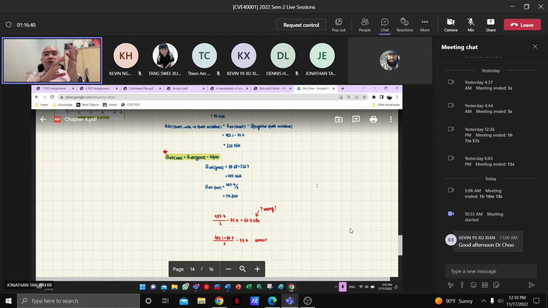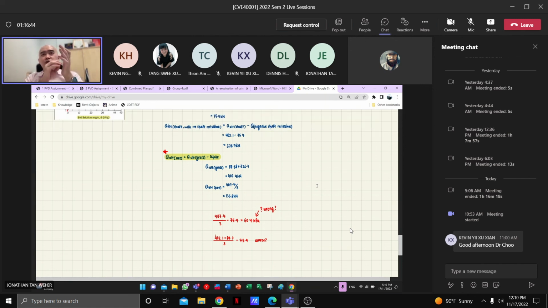But the issue here is that the factor of safety should be applied to the resistance, which is your Q shaft and your Q base. Your NSF is not a resistance. Your NSF is a load. So you should not be applying the factor of safety.